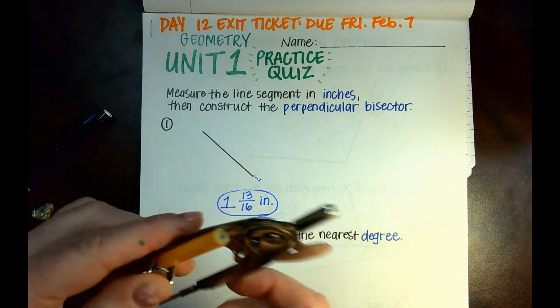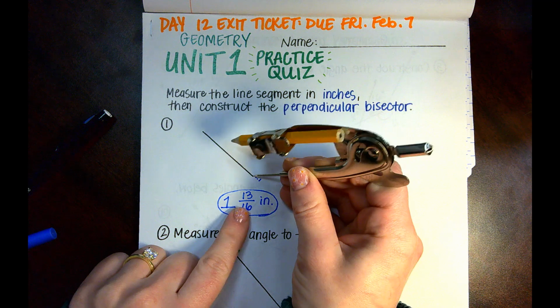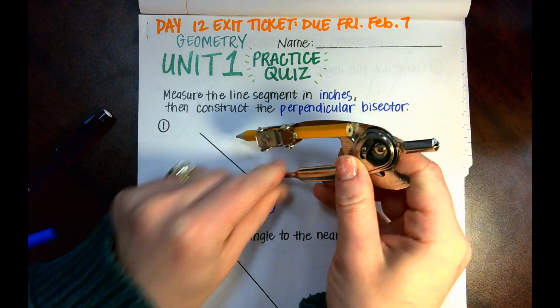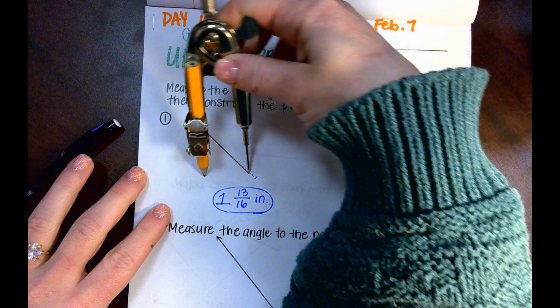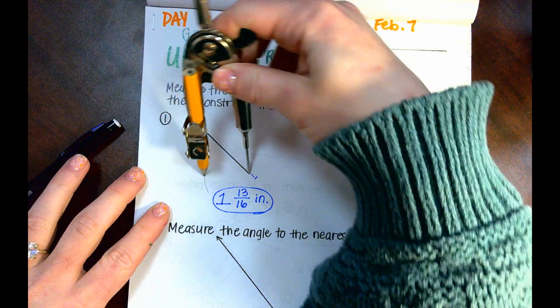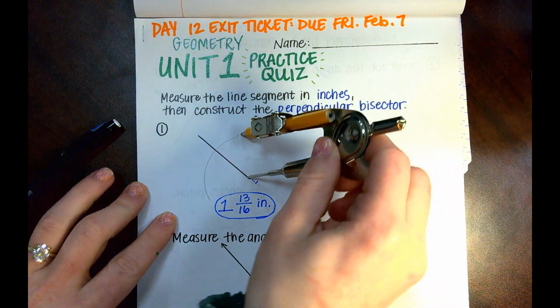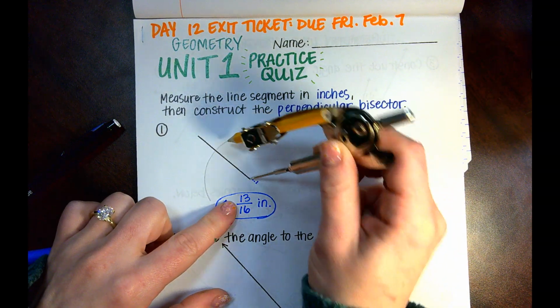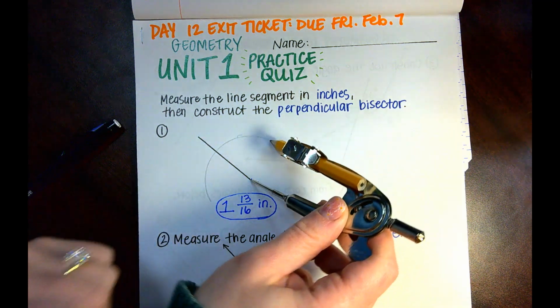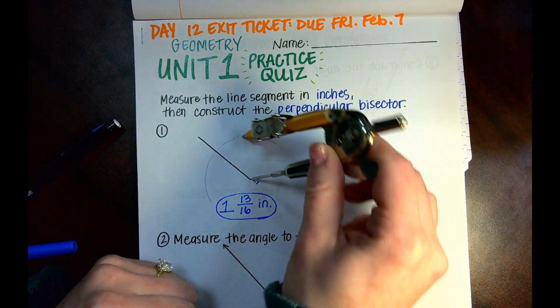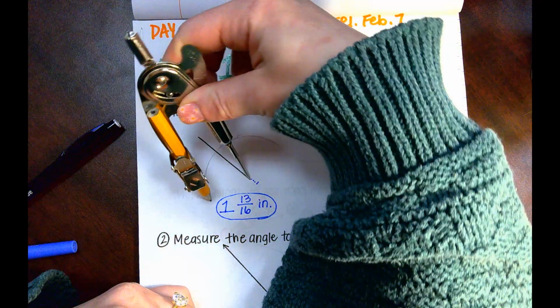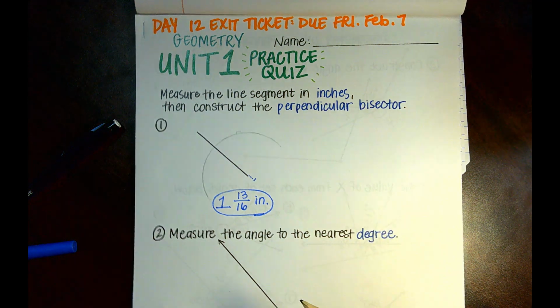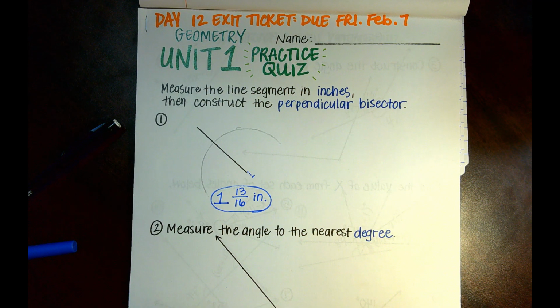We are starting with our point here, and we're going to create an arc. Goes all the way around, like a half circle. Okay, there's my first arc.